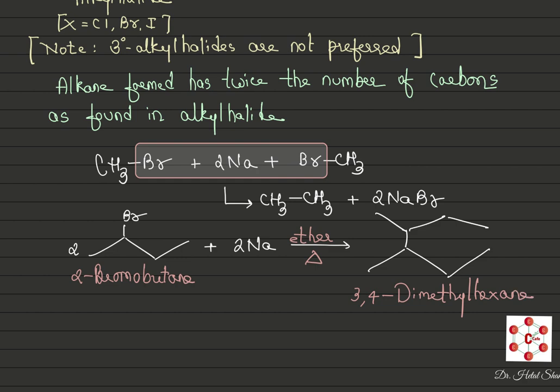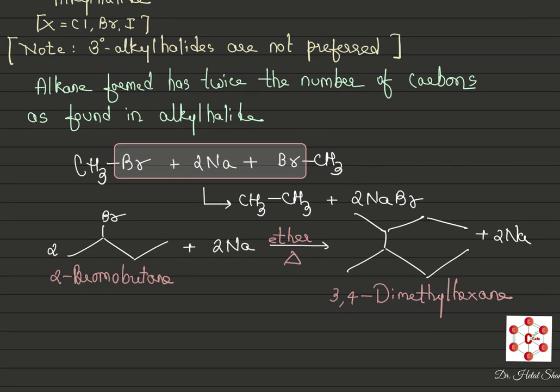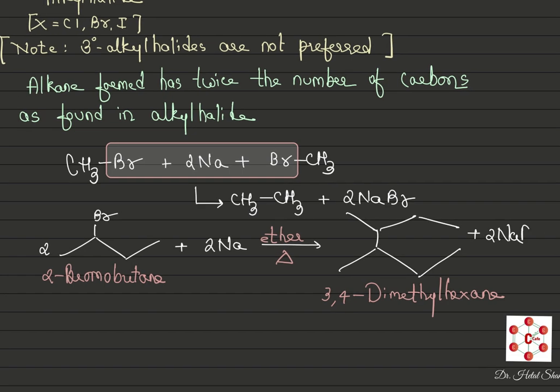Do you all agree to it? You get double the number of carbons. And minus 2 NaBr if you want to put it, it is fine. Otherwise, it is also okay if you forget. All clear?